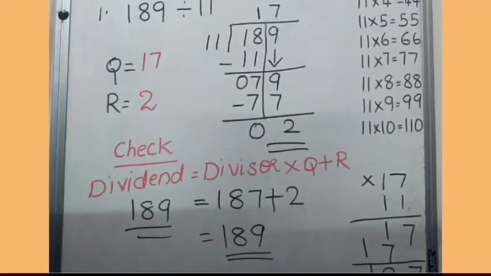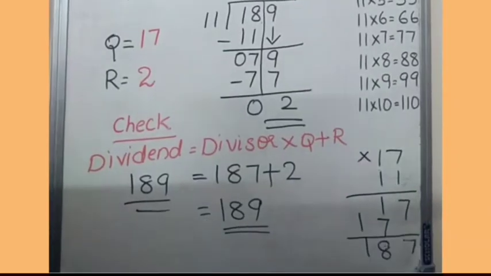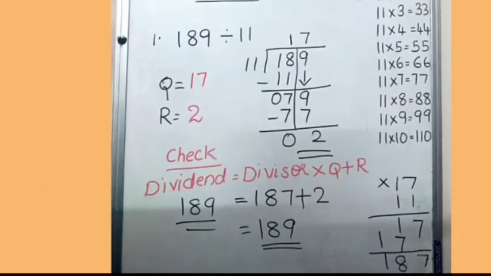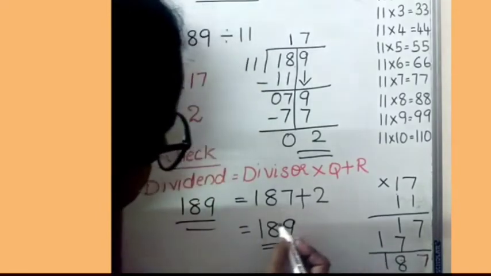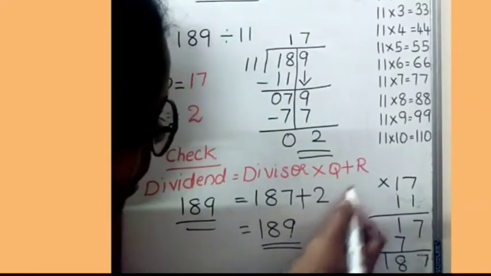Learn this problem. Write this in your notebook and learn this. Okay. 7. 1 plus 7, 8. 1. 187 plus 2, remainder 2.